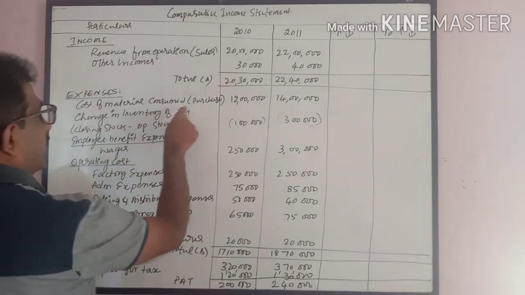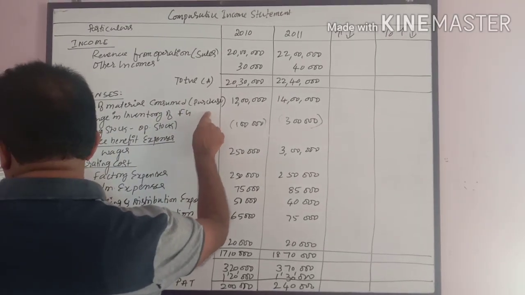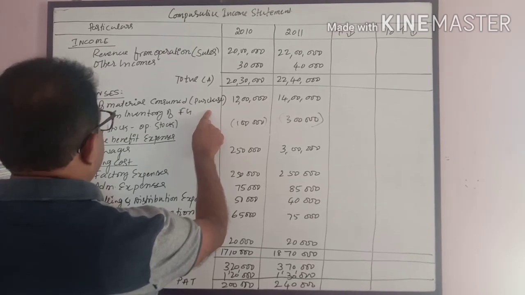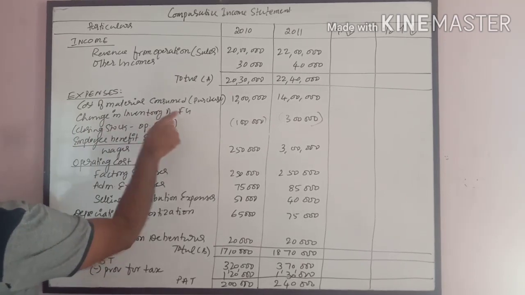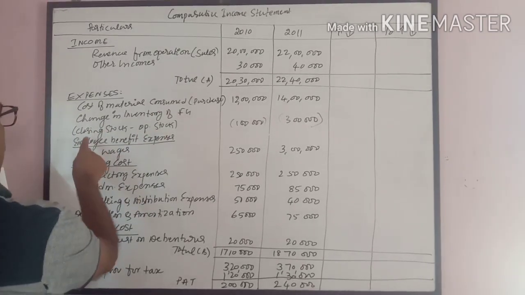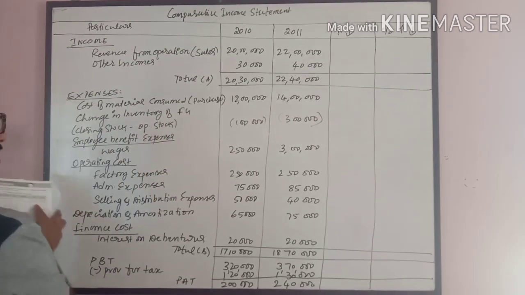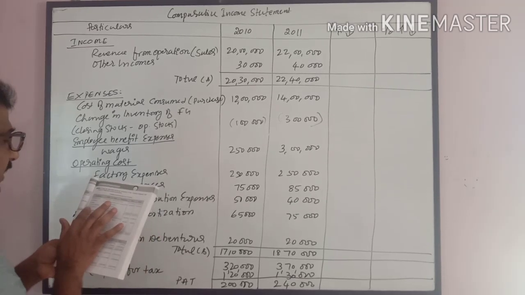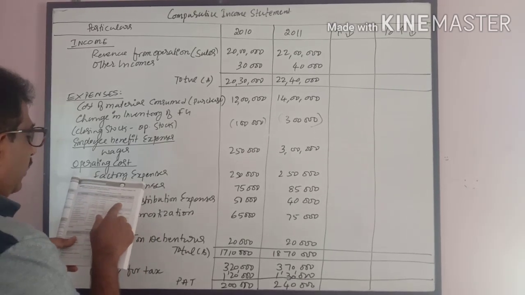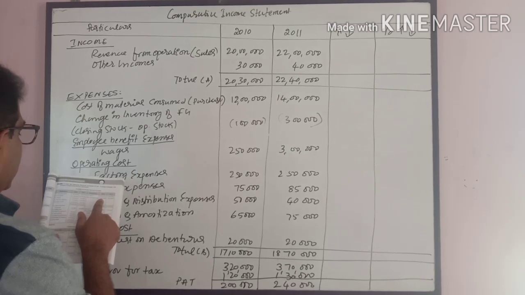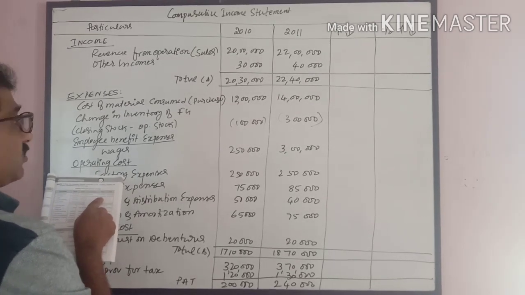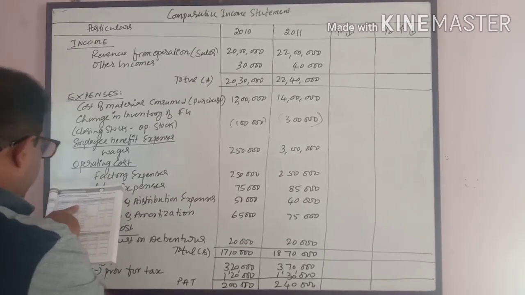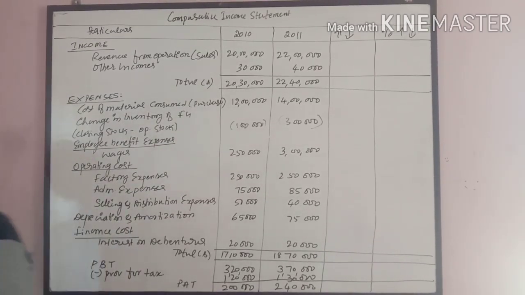Cost of material consumed, purchases, it is nothing but purchases. The purchases are given as 12 lakhs and 14 lakhs. Change in inventory of finished goods, closing stock minus opening stock. Closing stock is a credit balance, opening stock is a debit balance. Here in 2010, closing stock is 6 lakhs and opening stock is 4 lakhs. The difference will be 2 lakhs.